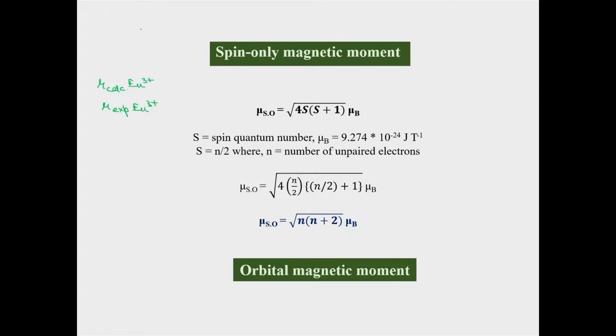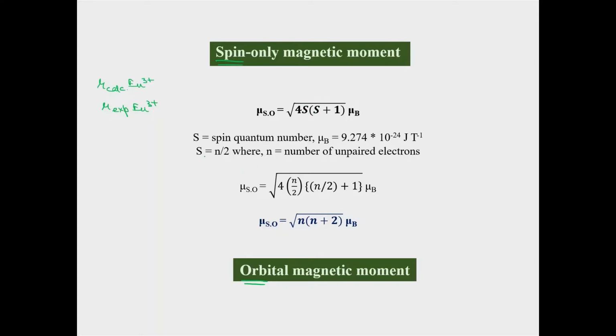So we know that magnetic moment consists of a spin component and an orbital component. Because of the spin angular momentum and orbital angular momentum of an electron, we get spin magnetic moment and orbital magnetic moment. The spin only value is given by mu SO equals root over 4S into S plus 1, where S is the spin quantum number.